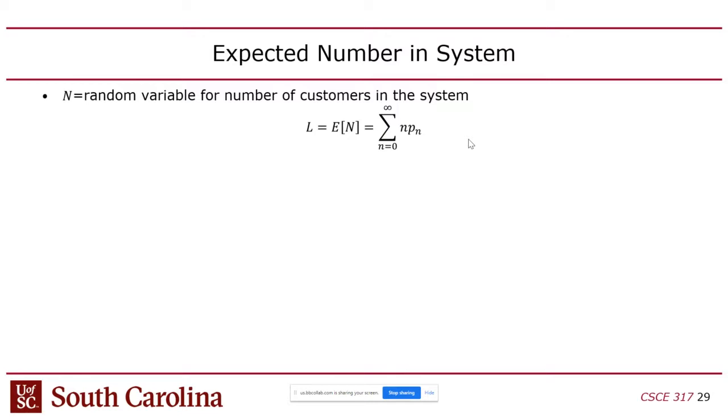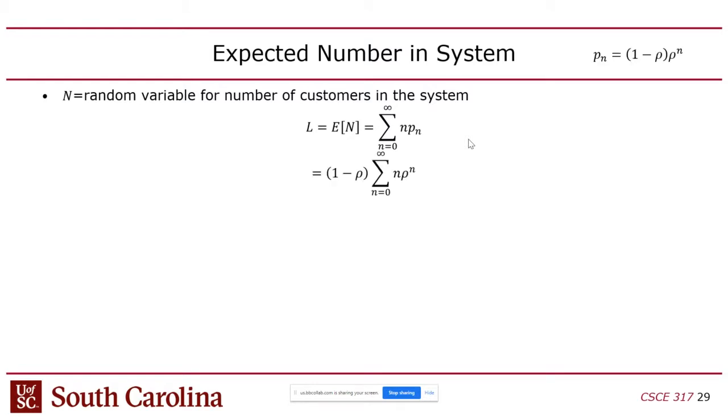So you just multiply 0.25 times 1 plus 0.5 times 2 plus 0.25 times 3, and that gives you a weighted average, right? That's all we're doing here. By using the probabilities as weights, we get an expected number in the line or in the system. And the line we can also get as well.